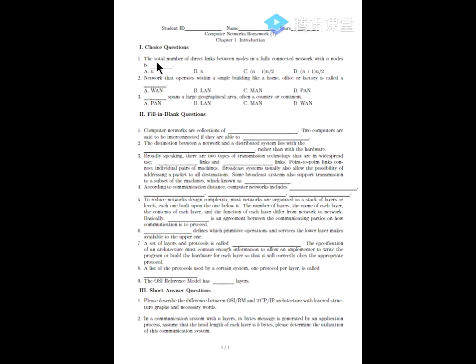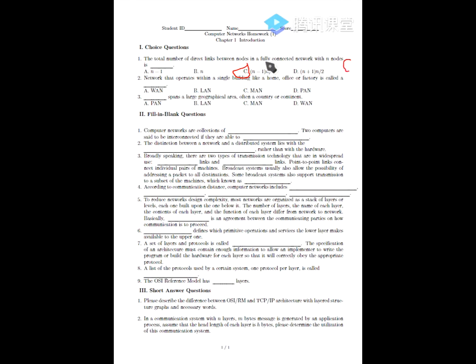It's very easy. For example, the total number of direct links between nodes in a fully connected network with n nodes is which one? The answer is C. Why?